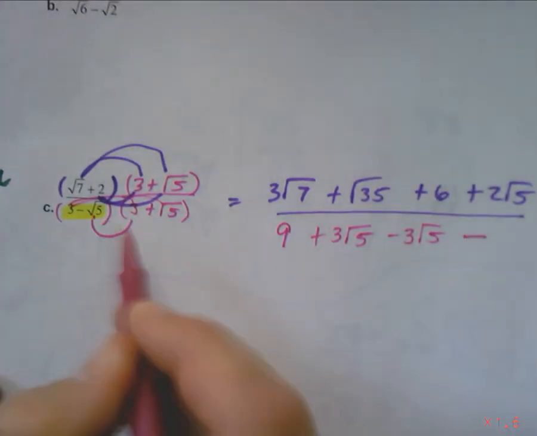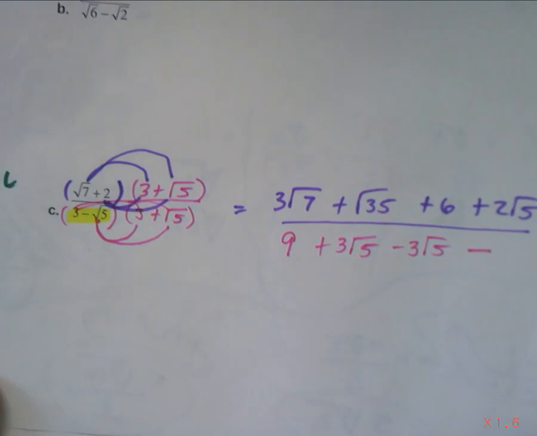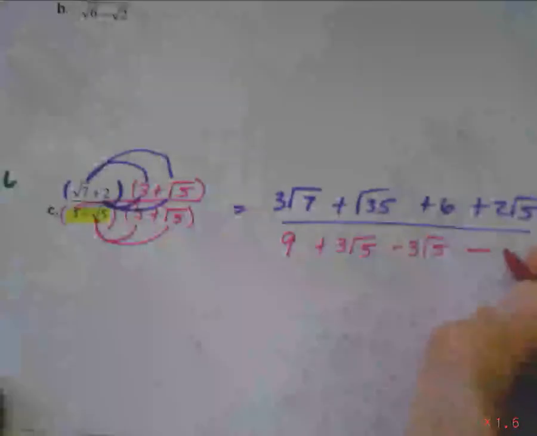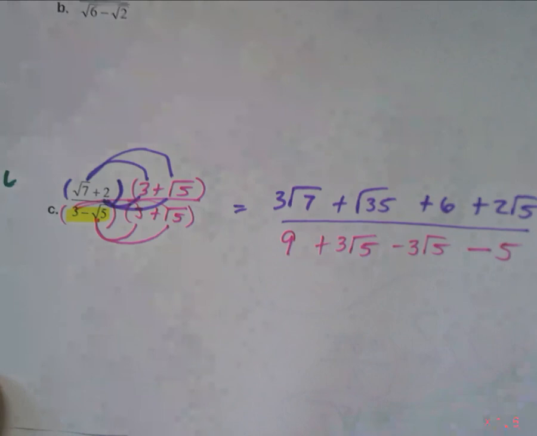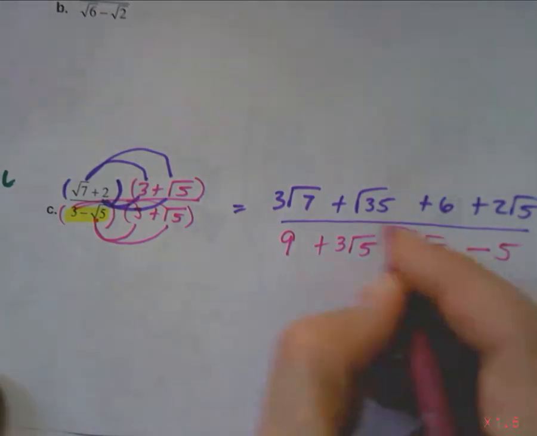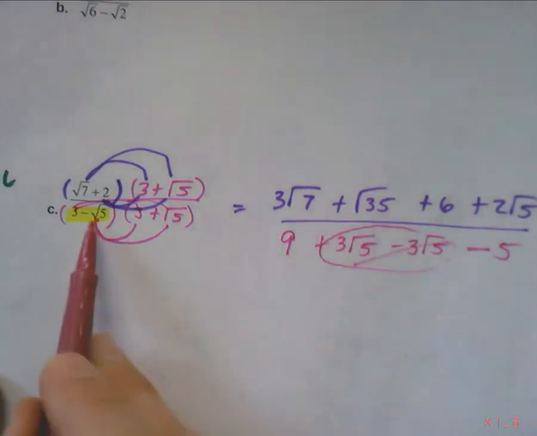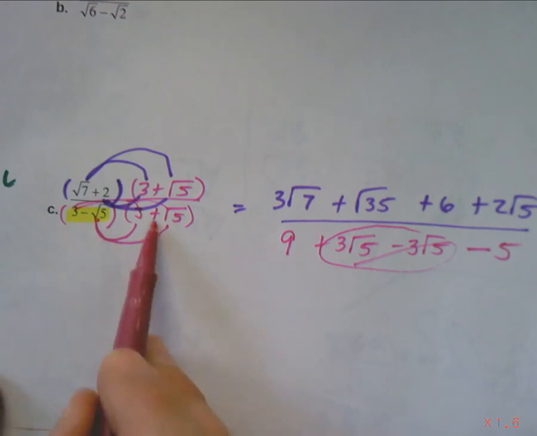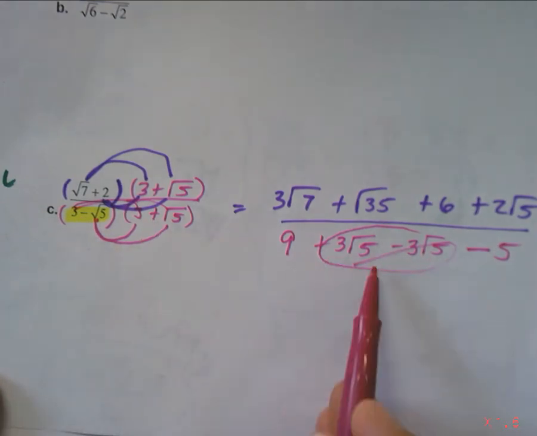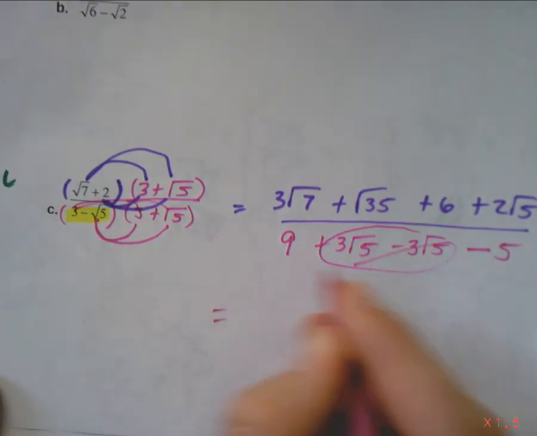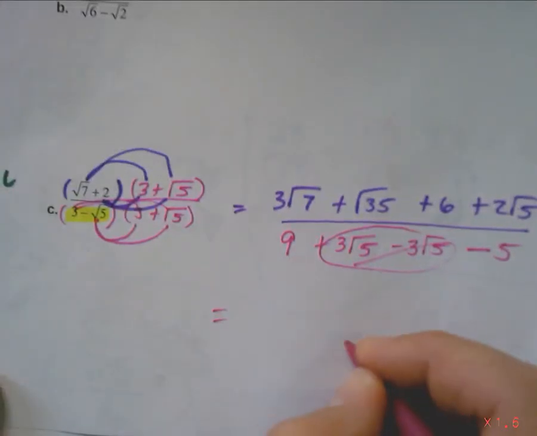And then what's root 5 times root 5? Root 5 times root 5 is just 5. Outers and inners are canceling. That's why we use the conjugate, because we wanted one to be a minus and one to be a plus, so those cancel. Okay? And on the bottom, I just simplified. 9 minus 5 is 4.